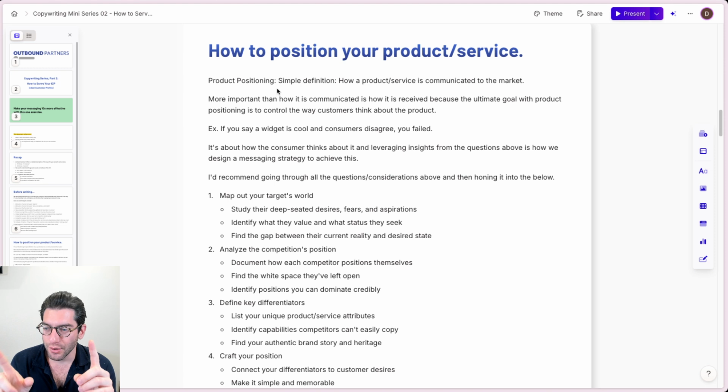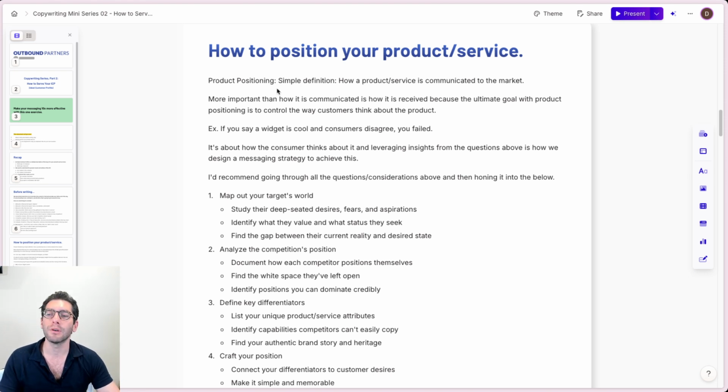So if you say something is cool and the customer doesn't think it's cool, well, I hate to break it to you, it's not cool. That's how it works. You could say this cool gizmo gadget is amazing, it's super, and if the person just says, nah, no, it's not, that sucks. That is the reality.